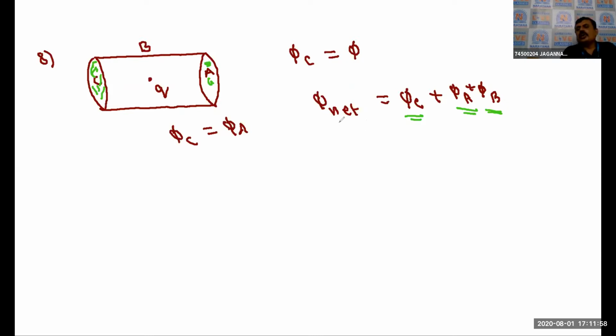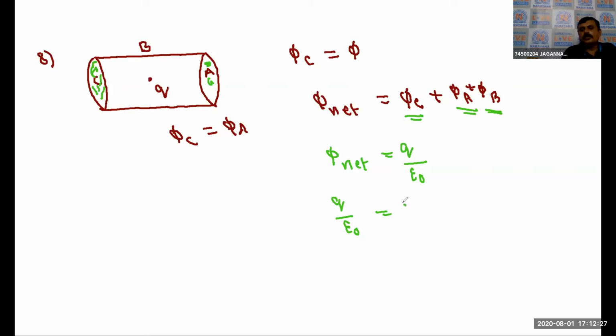According to Gauss law, the net electric flux is equal to Q by epsilon naught only, no? So I am substituting here: Q by epsilon naught. And the electric flux through the plane surfaces are equal, these two are equal.